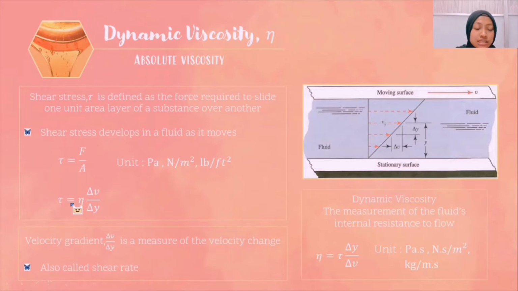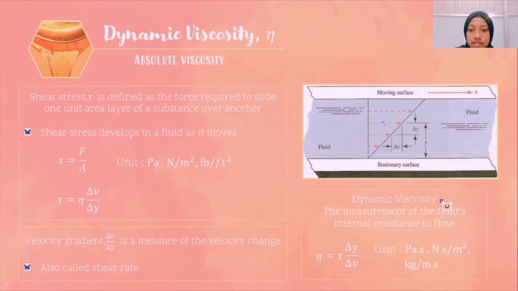Also, shear stress is equal to dynamic viscosity times velocity gradient. As I said just now, shear stress will develop in a fluid as the fluid is moving. And as the fluid is moving, it causes a velocity gradient to be created in the fluid. Velocity gradient is a measure of the velocity change, also called shear rate.